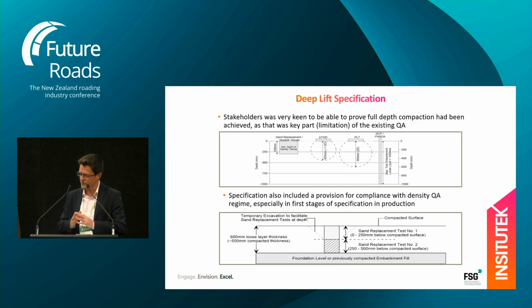And what we saw was that one of the methods that was approved was a combination of lightweight deflectometer, fast surface-based modulus assessment, together with the Panda test, which is a strength versus depth profile, enabling us to understand stiffness over depth.